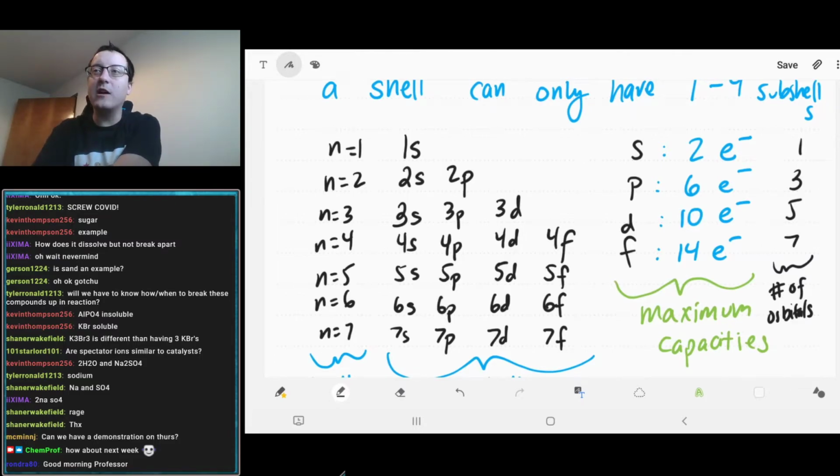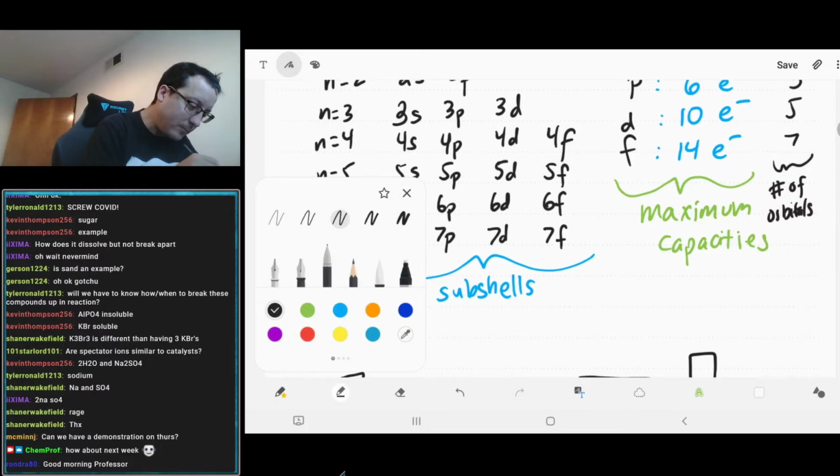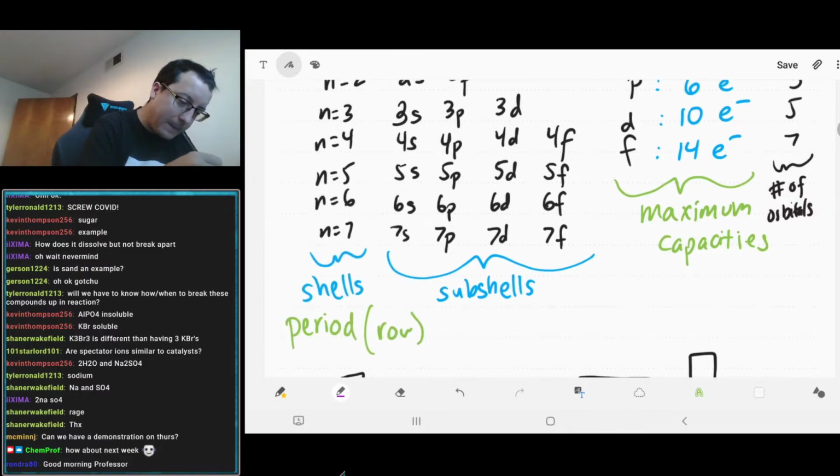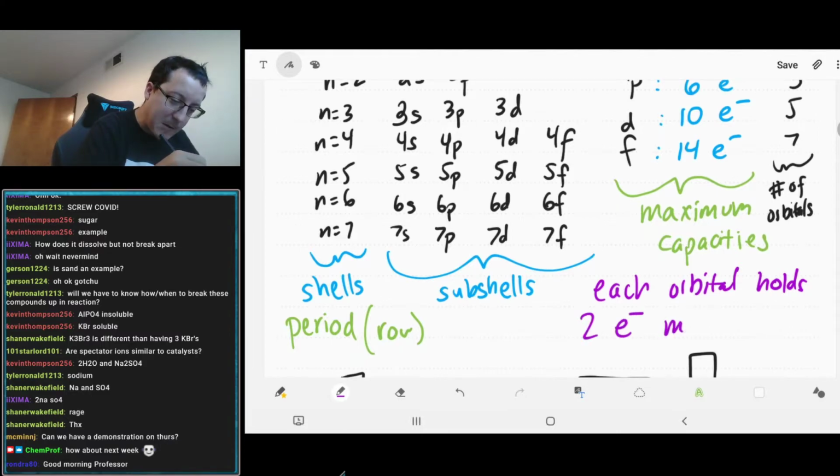If you look at the SPDF numbers of how many electrons they can hold, and we also look at the number of how many orbitals there are, you can probably deduce that each orbital can hold 2 electrons.